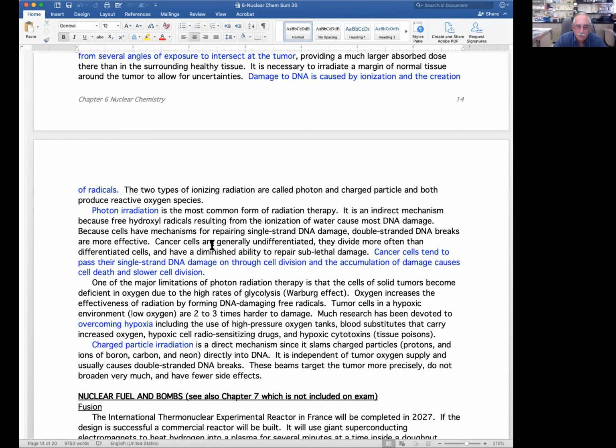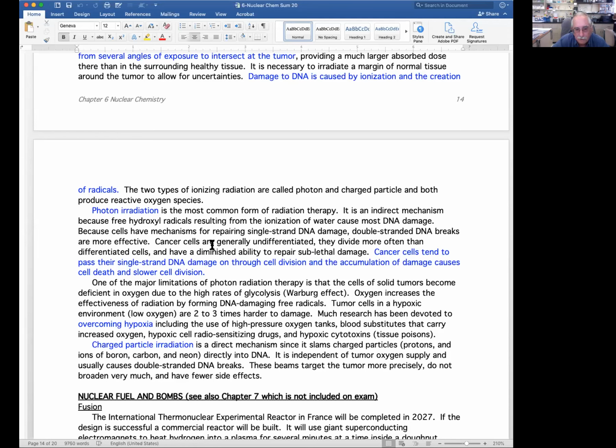And so the problem with tumors is that they don't have a lot of oxygen in them. And how do we make most of our free radicals? They contain oxygen, like the hydroxyl radical. So what's really going on here is that irradiation is more likely to kill a normal cell than a tumor cell. So this is a problem that has to be overcome.